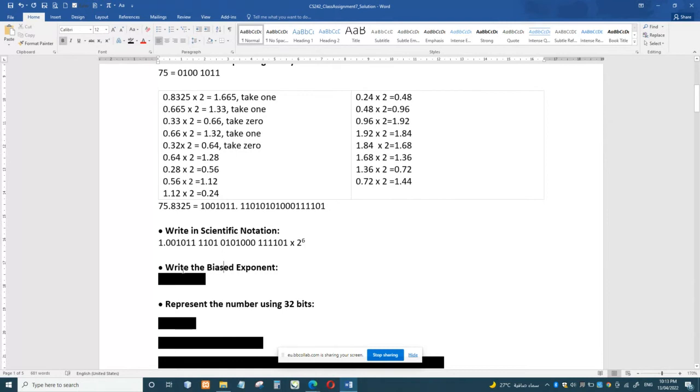Now we are going to the biased exponent because our exponent is plus 6. Exponent is plus 6. What will be our biased exponent? Can you remember that? What will be our biased exponent? Is there anyone?